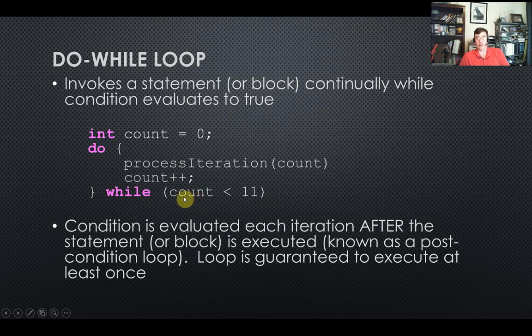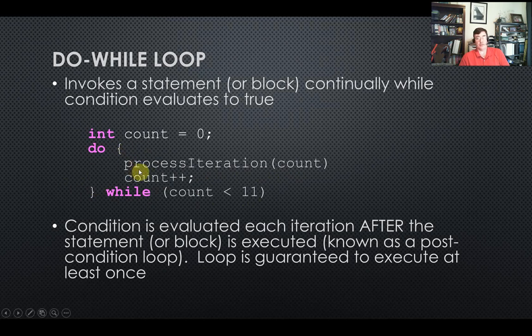If it is, since right now it's 1, it started as 0, it was incremented to 1, 1 is less than 11, so we're going to come back to the do statement, enter the loop's body a second time, invoke process iteration, passing it 1, increment count to 2. 2 is still less than 11. We're going to go back and run process iteration, passing it 2, and make count 3. And so on and so on.